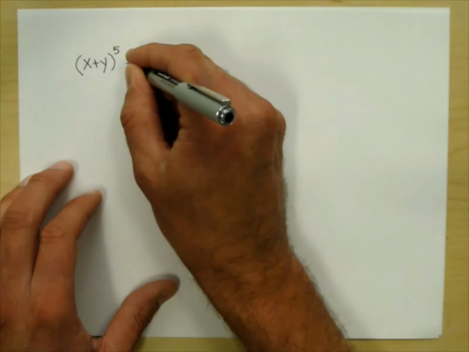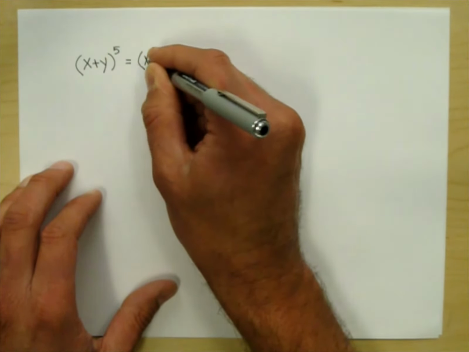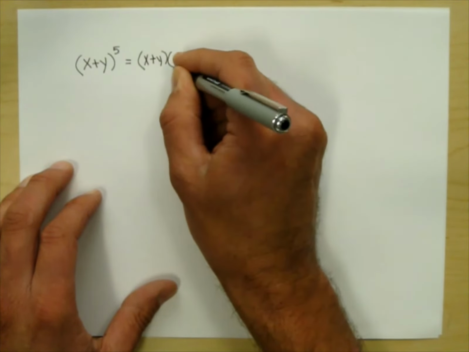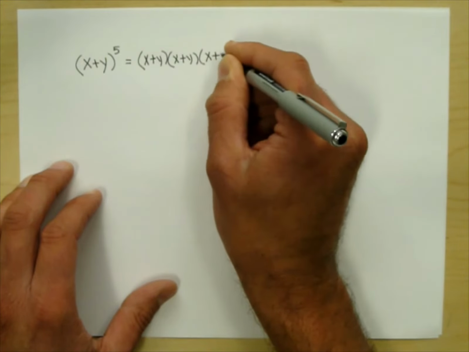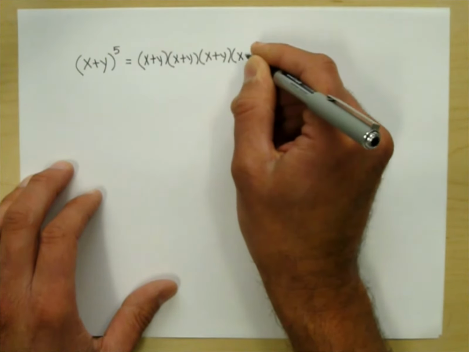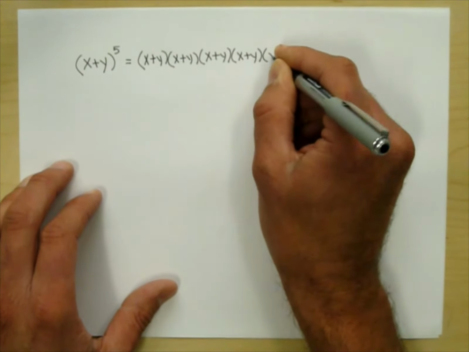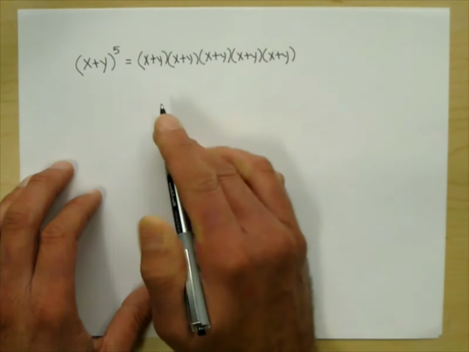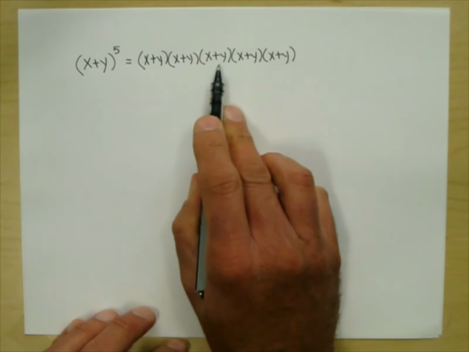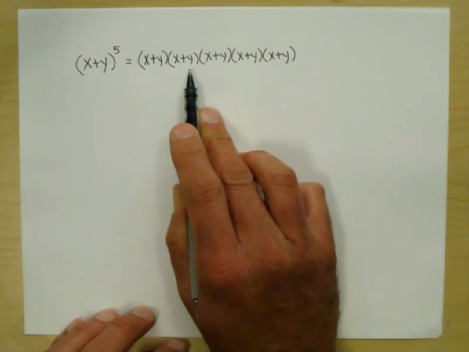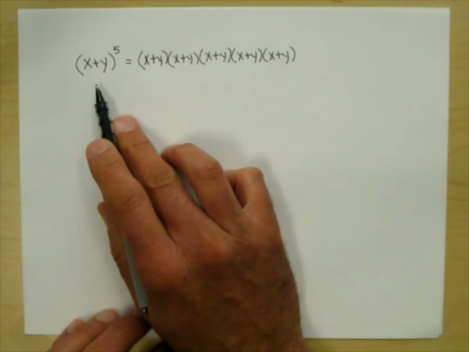X plus y to the fifth, you would have to do this. There's 5 of them. And so you'd have to multiply the first 2 together with a FOIL, and then multiply and multiply and multiply. It's going to take a long time to do this.